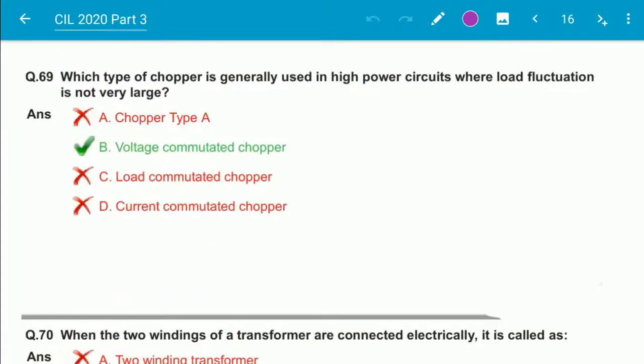Next, question number 69. Which type of chopper is generally used in high power circuits where load fluctuation is not very large? This is the voltage commutated chopper.